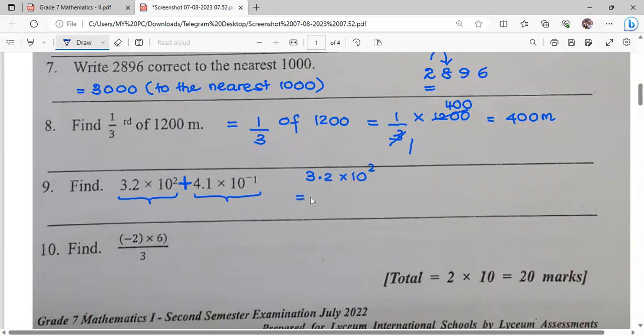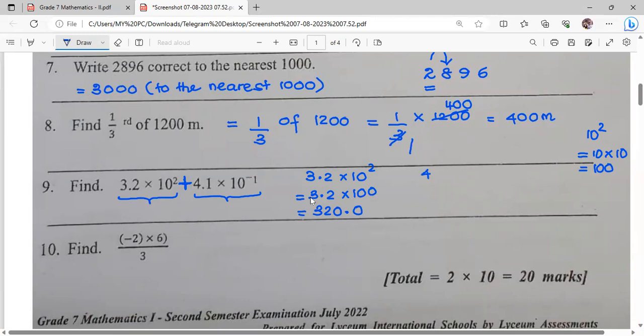So how can I write this? 10 to the power 2 means what, children? If you have 10 to the power 2, you know it is 10 times 10. That means 100. Okay. So then you multiply 3.2 by 100. So then what will be my answer? 320.0.